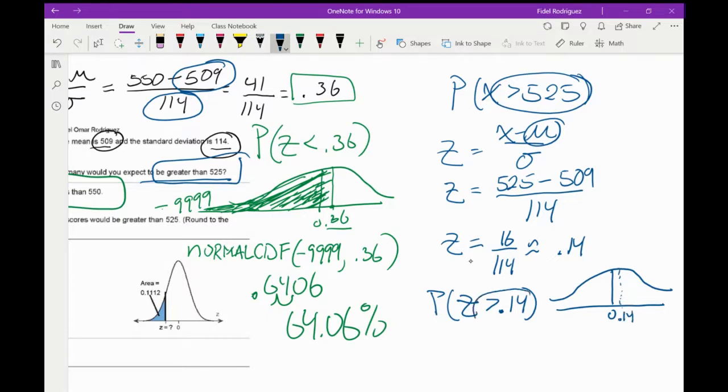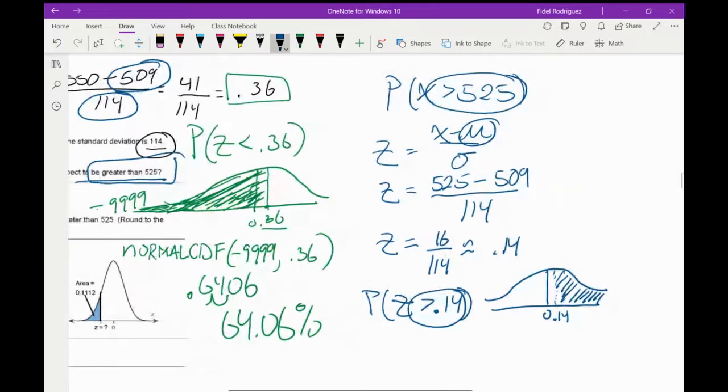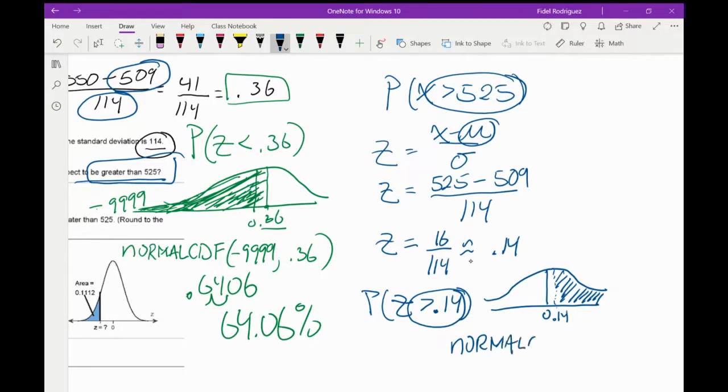Because we're looking for greater than, we're looking for the area to the right. So same way we did before on our calculator, I'm going to use my normal CDF, but notice my lower limit is now 0.14, and because we're going to the right, the upper limit is going to be 9999.